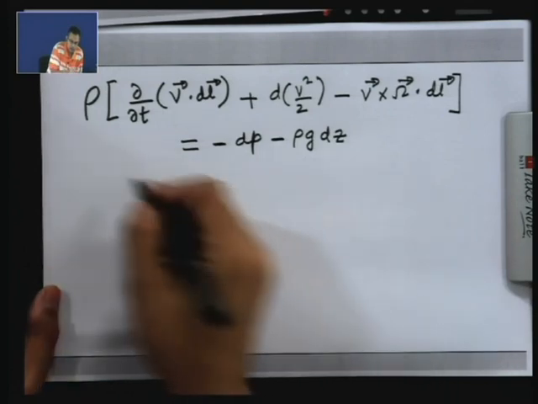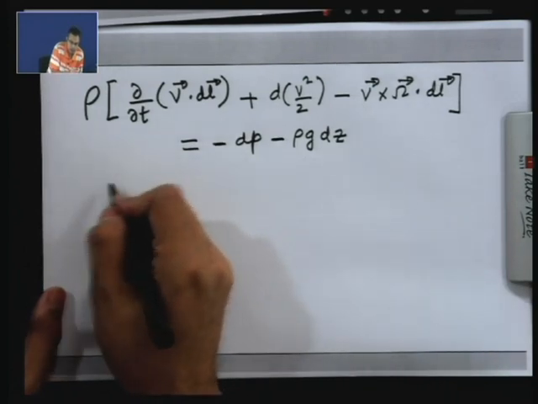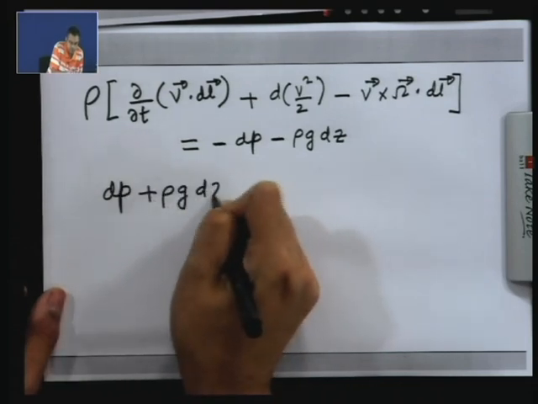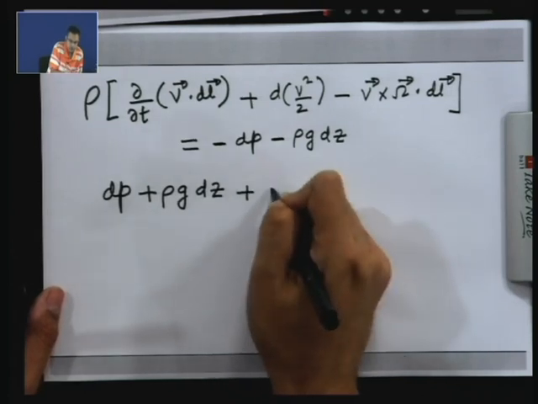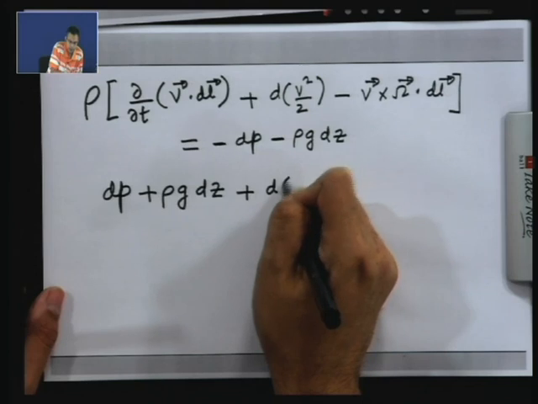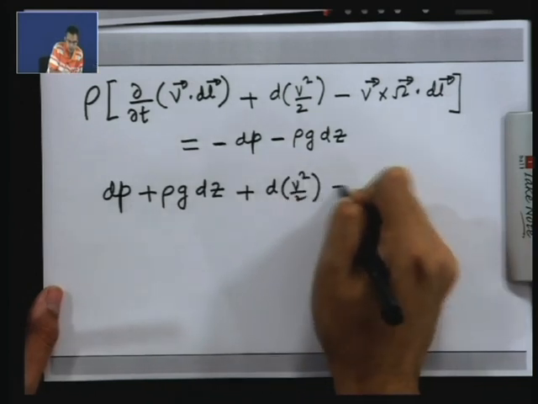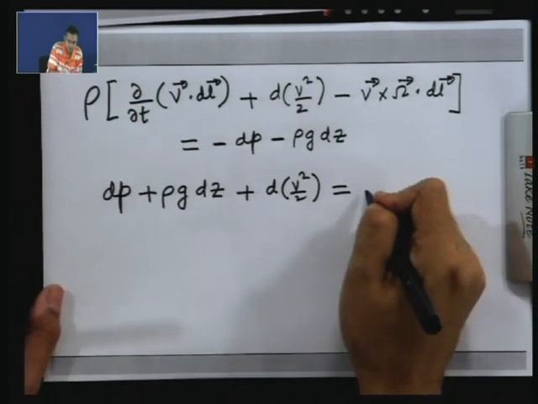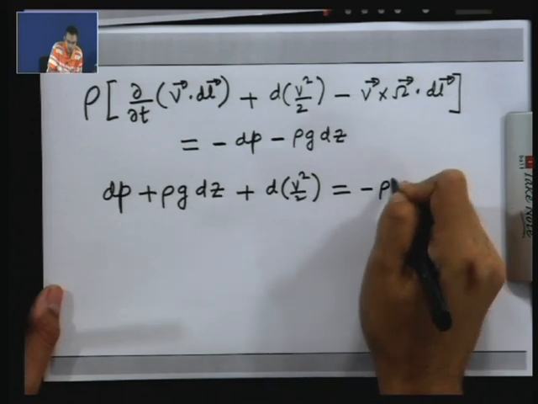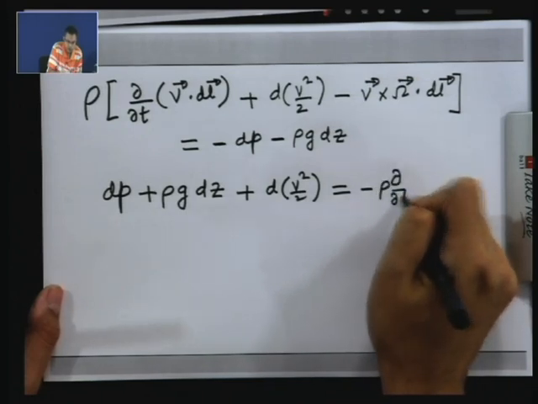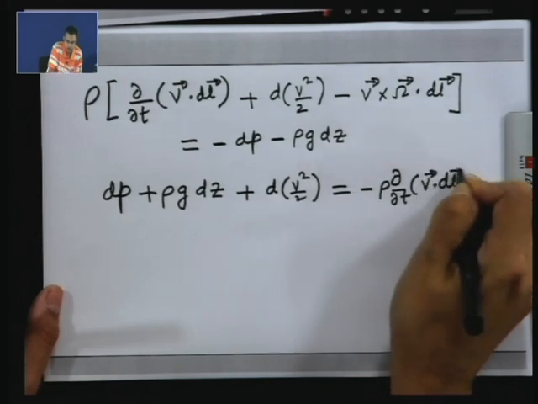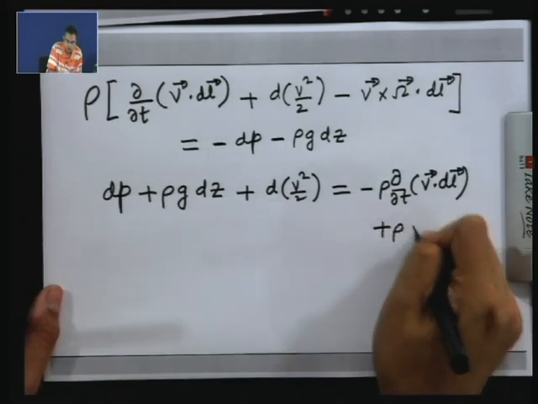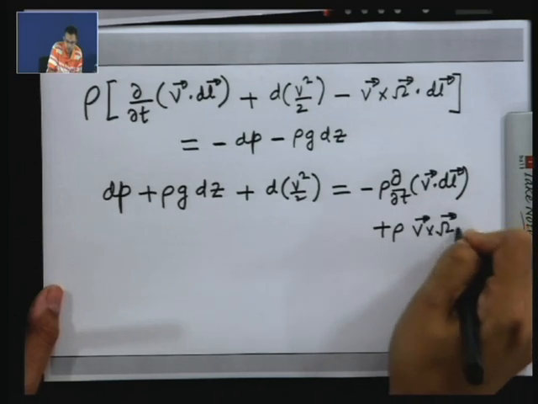So, we take some of the terms in the left hand side and write this as dP plus rho g dz plus d of V square by 2 is equal to minus rho del V del t dot dl plus rho V cross omega dot dl.